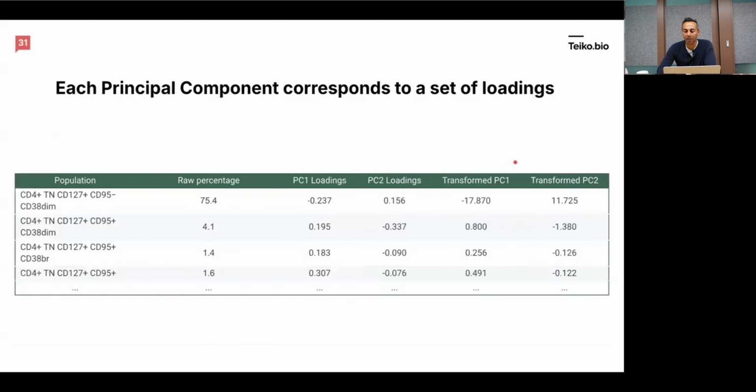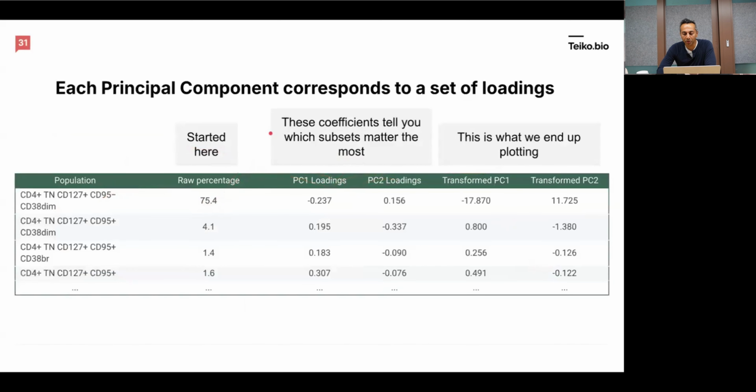And we're going to be able to plot XY from these PC1 and PC2 loadings. So we start here with this raw percentage, 75.4%, and these coefficients will tell you which subsets matter the most. So PC1 loadings, PC2 loadings, and we multiply through. So 75.4 times negative 0.237 gets you to 17.870.